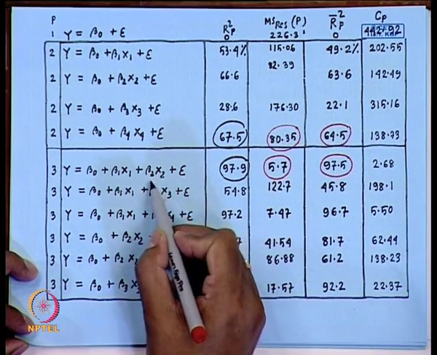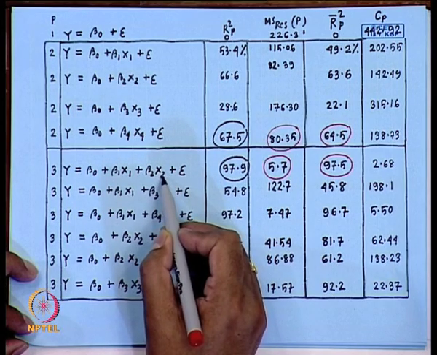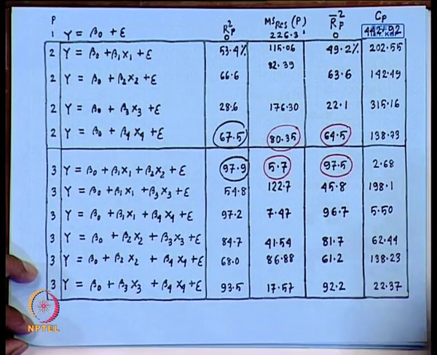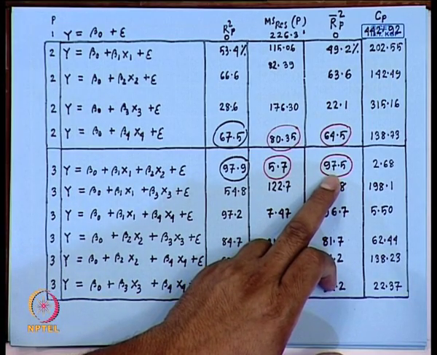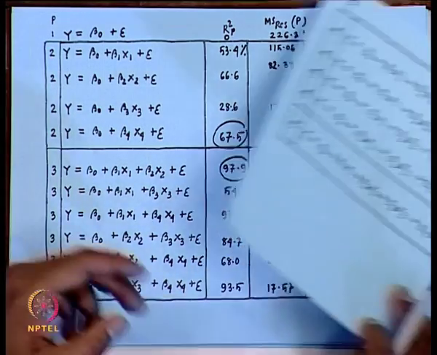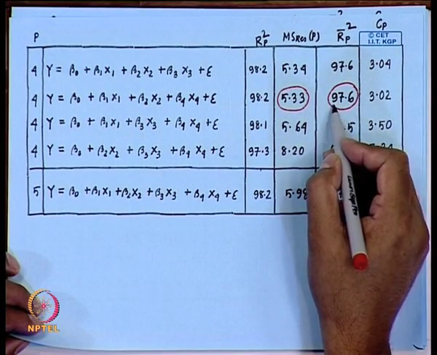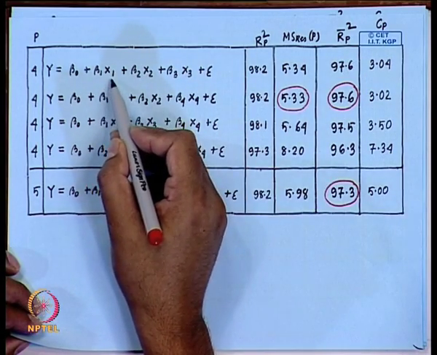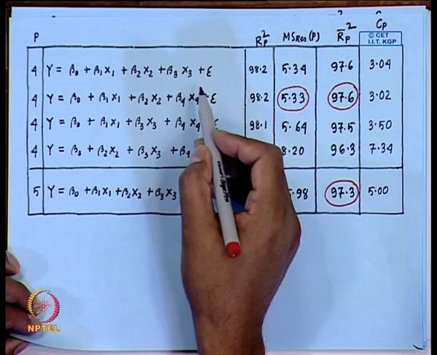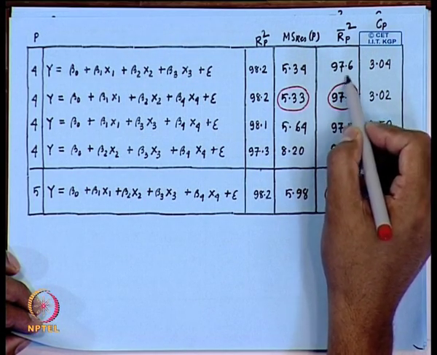If you add one more variable with this, say if you add x 3 with this model, then the value is increased by 0.1. So, before it was 97.5. Now, if you add along with x 1 x 2 either x 3 or x 4, the increase is not that significant.